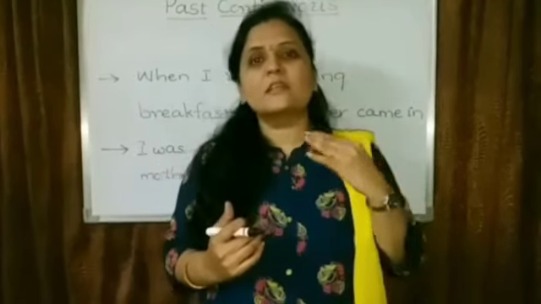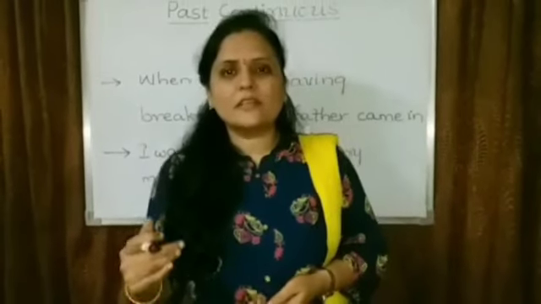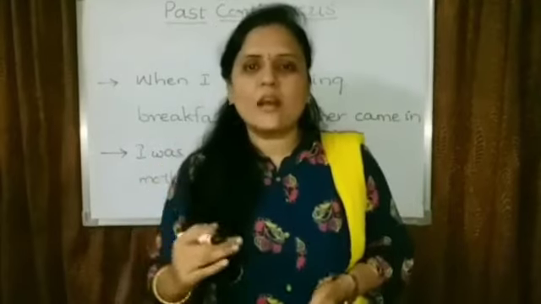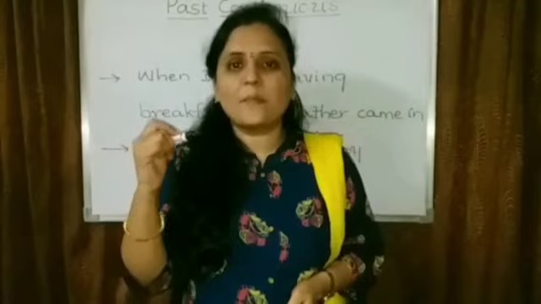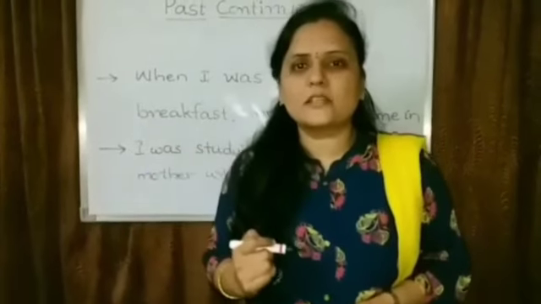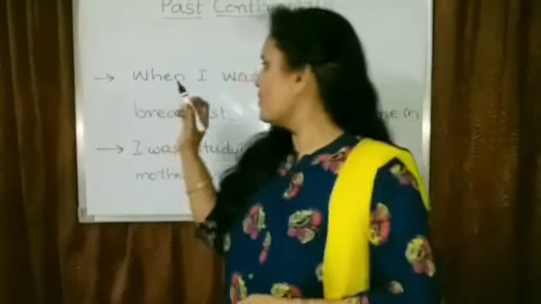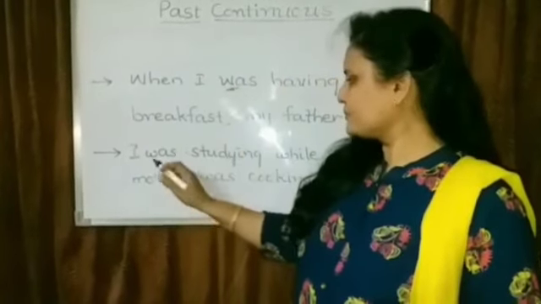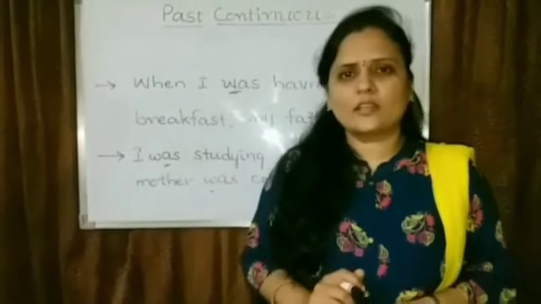What are present be forms? Is, am, are. Now this is past continuous, so we have to use was and were, because these was and were are the past be forms. So in past continuous we have to use the past be forms was and were. So, I was studying while my mother was cooking.